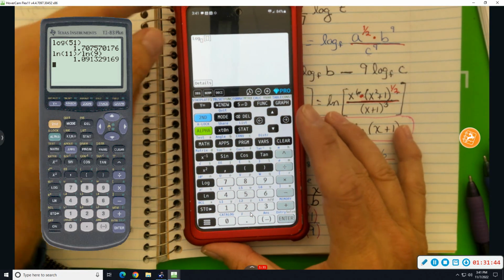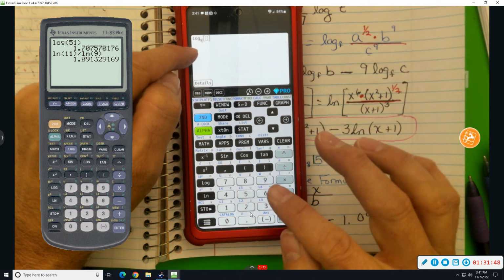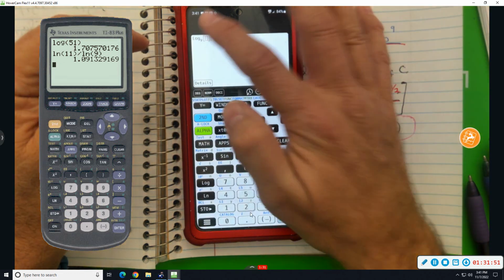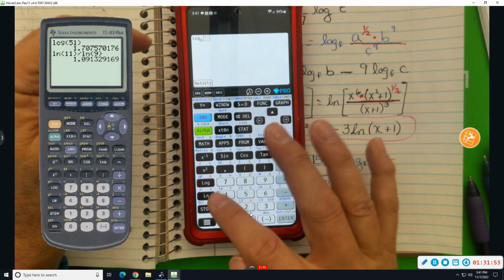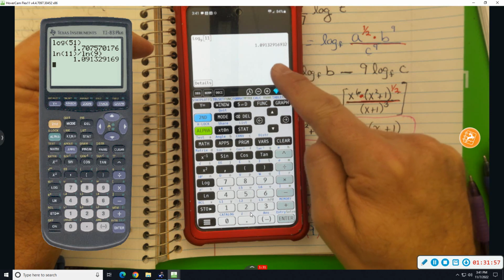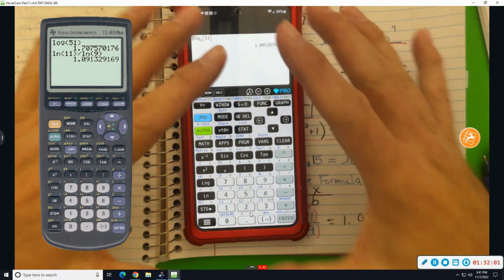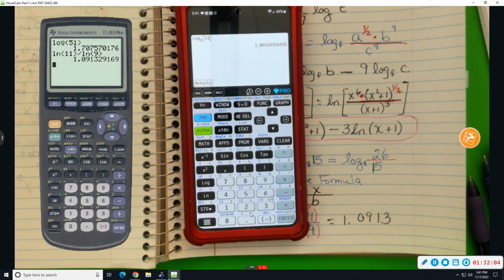Can y'all see that? The way it has the little boxes. You just put 9 there, and 11 there. 1.0913, and so on. So if you have a calculator like this on your phone, you can use it on the test.